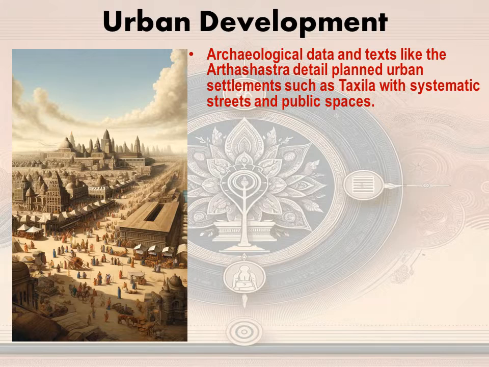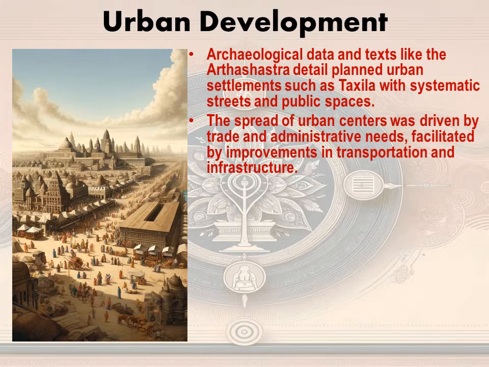So, from the many excavations done in the sites of this period, we get to know a detailed plan of urban settlements in prominent archaeological sites like Taxila, Pataliputra, Ujjain, and others. The spread of urban centers was driven by trade and administrative needs, facilitated by improvements in transportation and infrastructure.